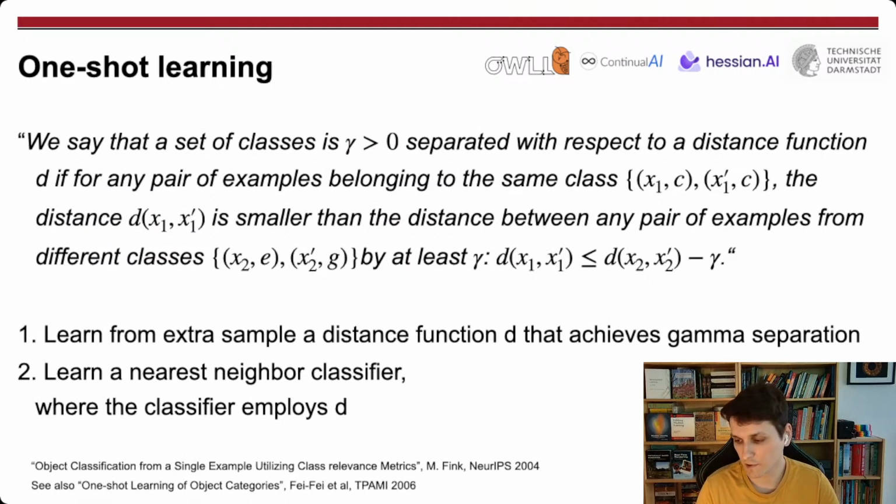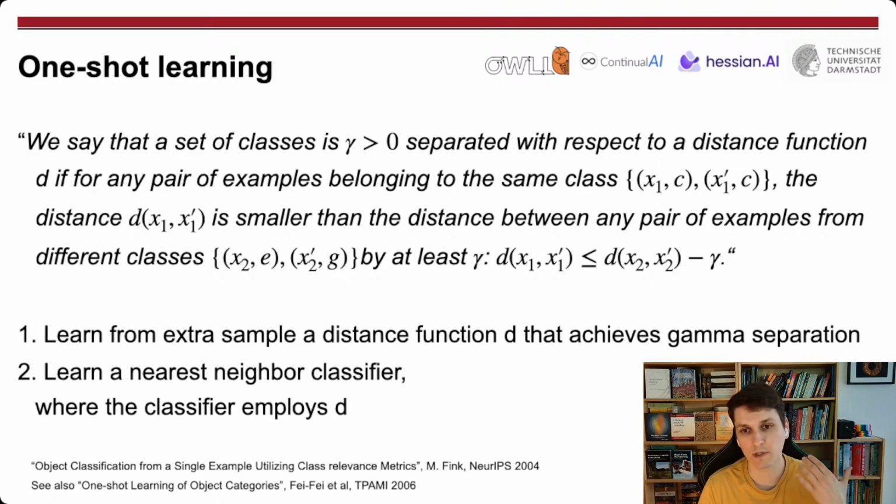And say the even more extreme version of that is one-shot learning, where the idea is really that you just have a single example. And the definition of one-shot learning that I like here is the one that I've put on the slide, where we say that a set of classes is gamma greater than 0 separated with respect to a distance function d if for any pair of examples belonging to the same class, the distance is smaller than the distance between any pair of examples from different classes by at least this gamma.